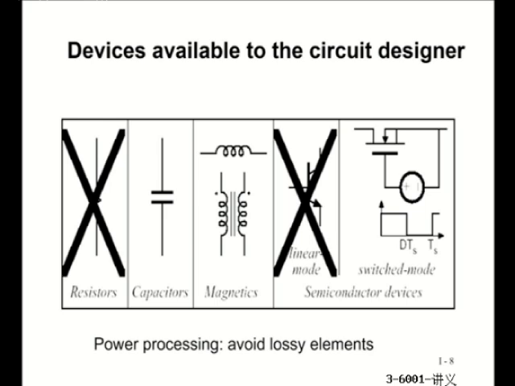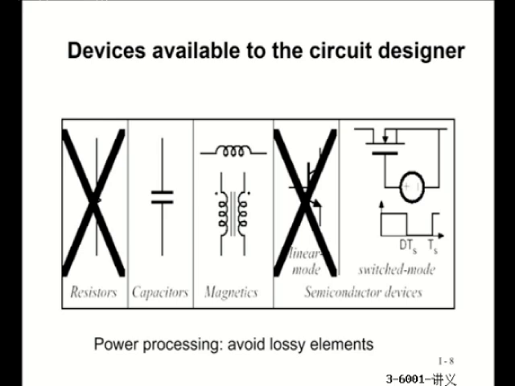And then in power electronics, the devices we often use are quite different from signal processing. We want to avoid using resistors, and we want to avoid using semiconductor devices under linear mode.